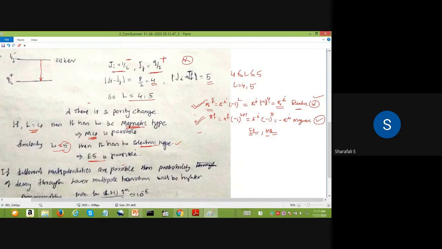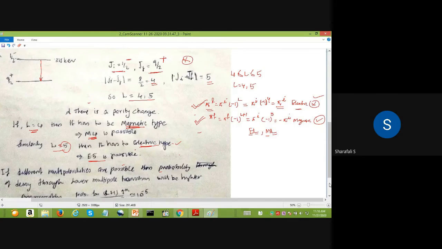It can be M4 or E5. Both are possible because the gamma photon which is coming out is having both angular momentum 4 and 5. The possibilities are 4 and 5, and if you calculate whether it is magnetic or electric, M4 and E5 are possible.